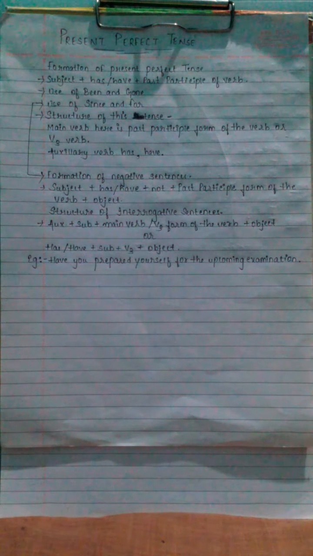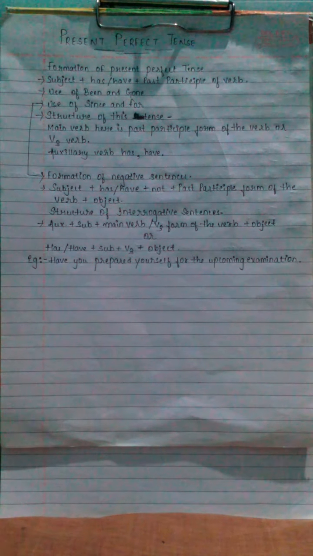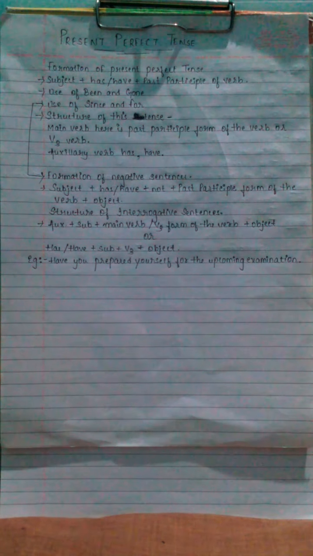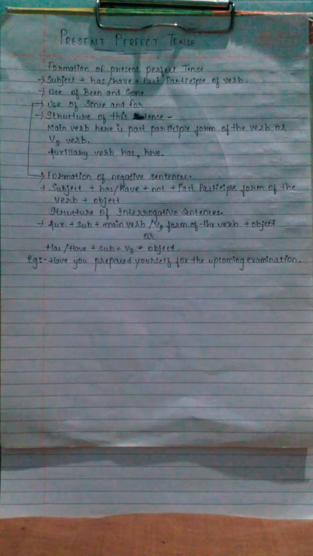Like the simple past, the present perfect tense can be used to describe a past event, state or habit to the present time, whereas the simple past tense talks about a past event which is completed.